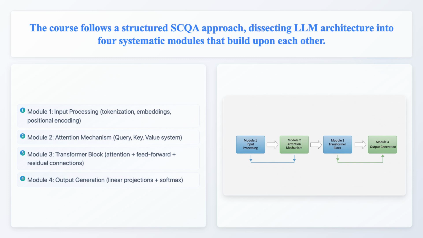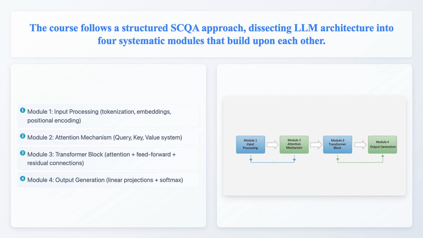Module 1 covers input processing, how raw text becomes mathematical tensors through tokenization, embeddings, and positional encoding. Module 2 reveals the attention mechanism, the revolutionary query, key, value system that allows models to understand context and relationships. Module 3 explores the transformer block, how attention combines with feed-forward networks, residual connections, and layer normalization to create deep, trainable architectures.